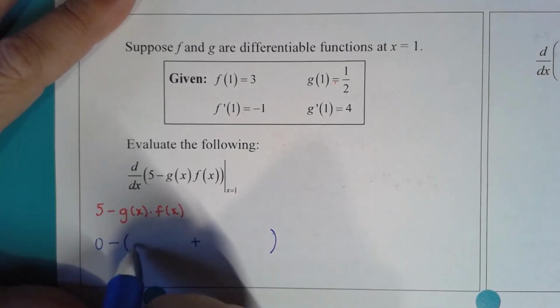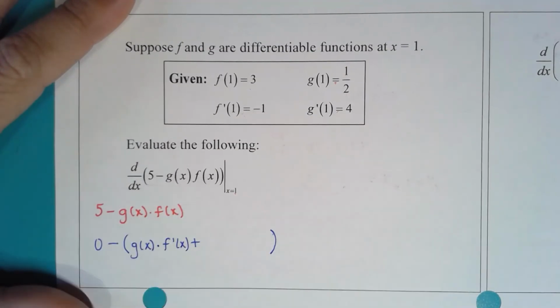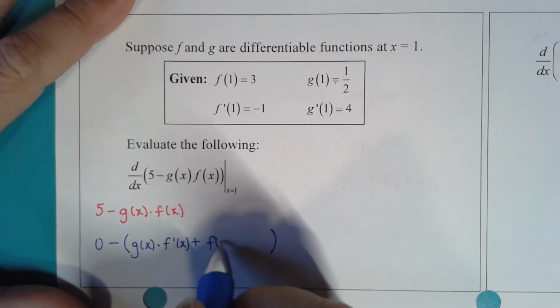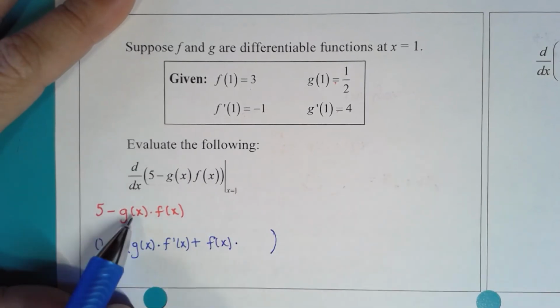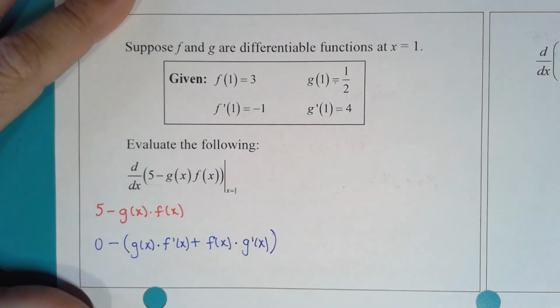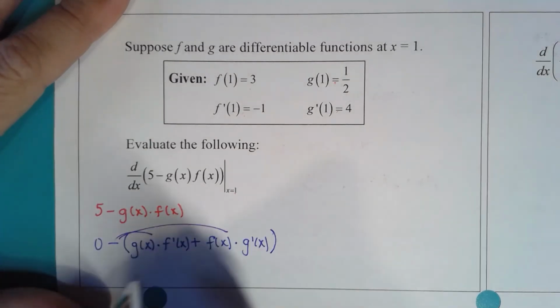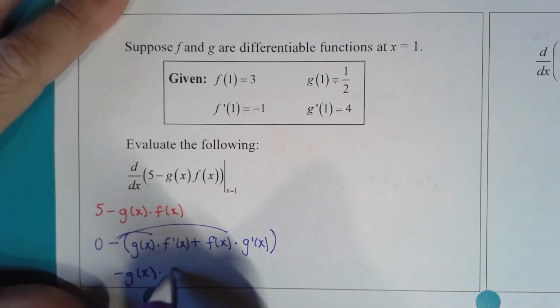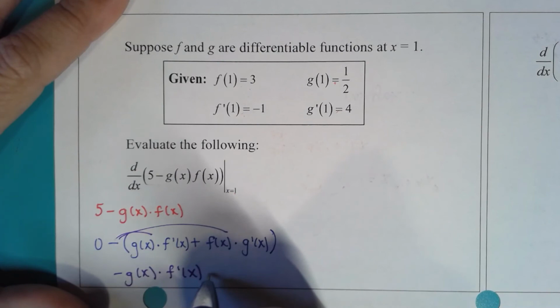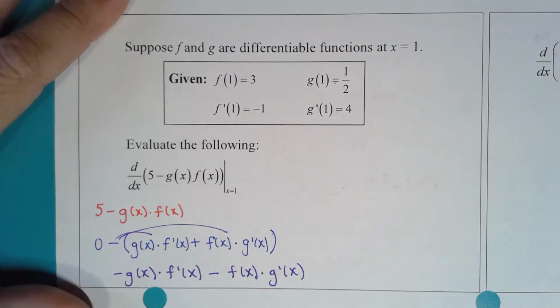So we have the first, which is g of x, times the derivative of the second, which is f prime of x, plus the second, which is f of x, times the derivative of the first, which is g prime of x. So if we distribute that negative, we have negative g of x times f prime of x minus f of x times g prime of x.